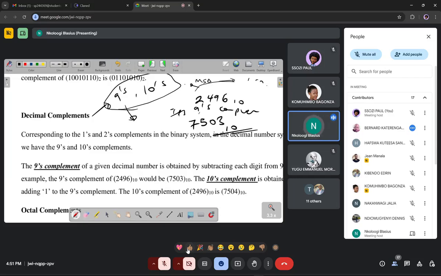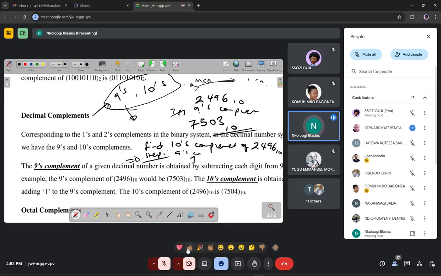Also, when getting the tens complement, you first get the nines complement, then add a 1 to that. So if I had a question to find a tens complement of 2496 base 10, I would first of all, step 1, get the nines complement.